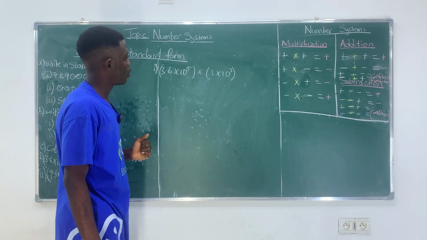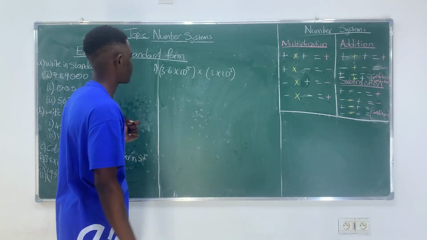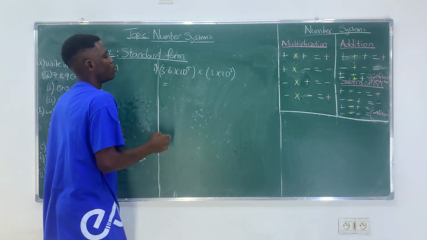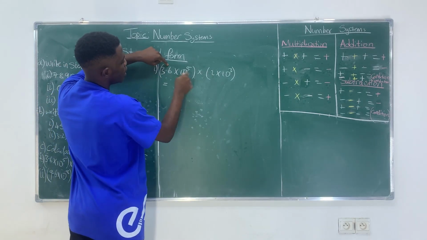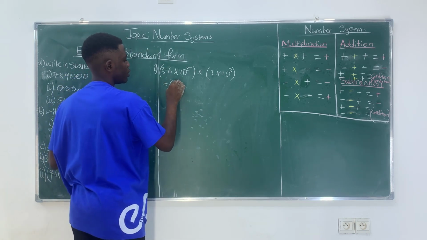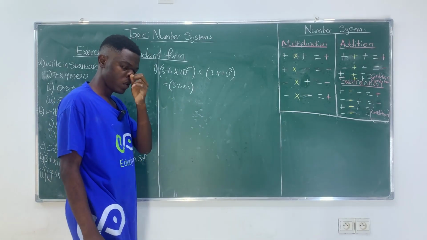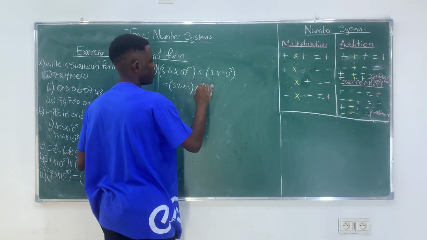Just like that. So what are we going to have? To multiply this, we multiply the first digits normally. So we are going to have 3.6 times 2.